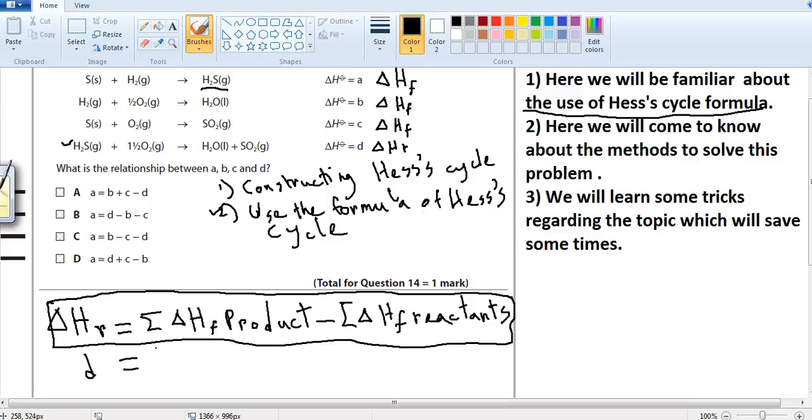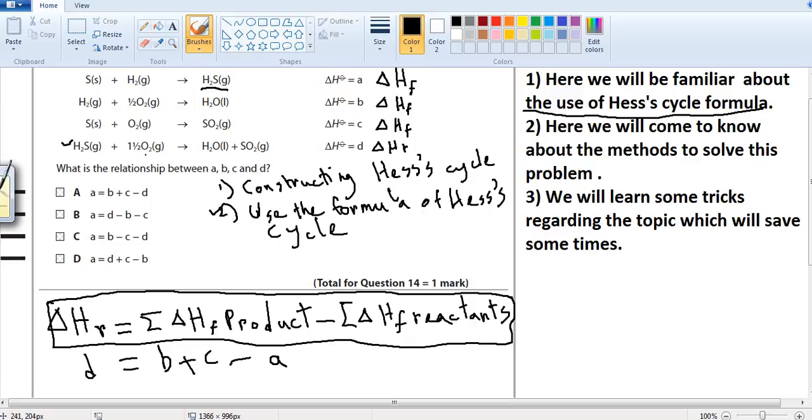Therefore we will use B plus C, the sum of these two. These are the products. So the sum of the products, B plus C, minus the sum of the reactants. The reactant here is hydrogen sulfide, which is A. You might ask why not oxygen?